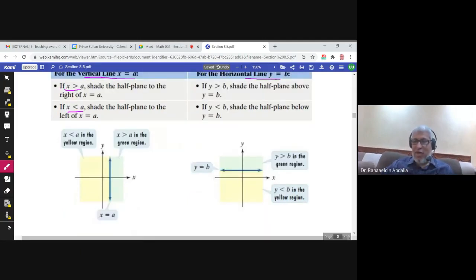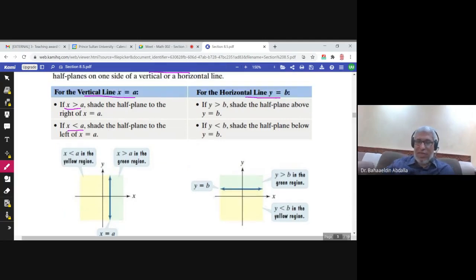And now if it is y greater than b, the graph would be the half plane above this line. And if it is y less than b, the graph would be the half plane below the horizontal line y equals b. So these are easy half planes or easy inequalities if there is no x or there is no y, there is only one of the variables.